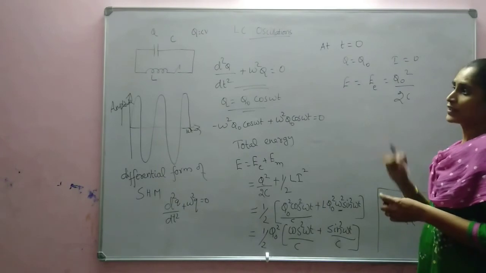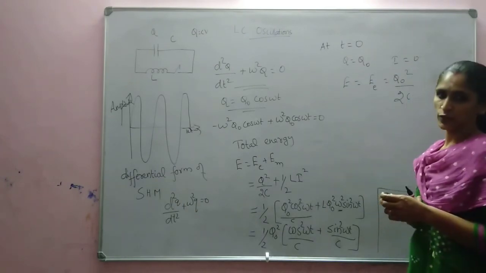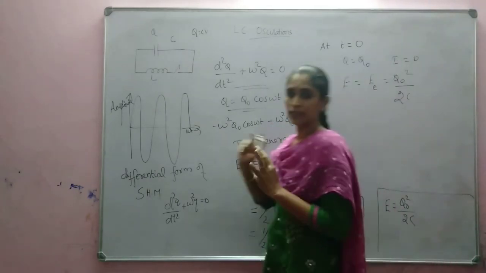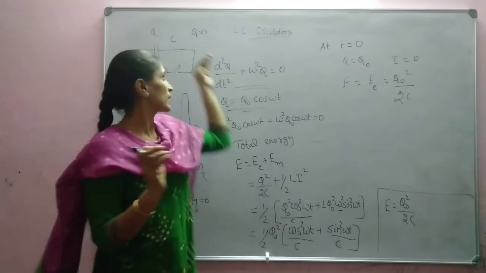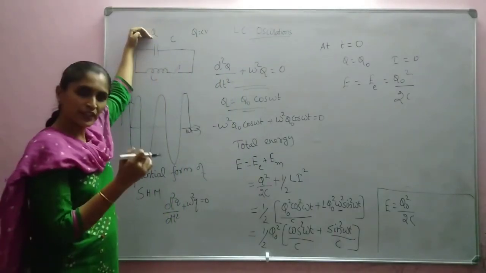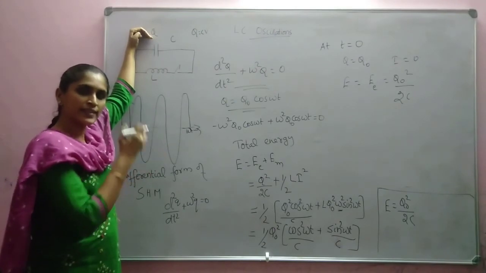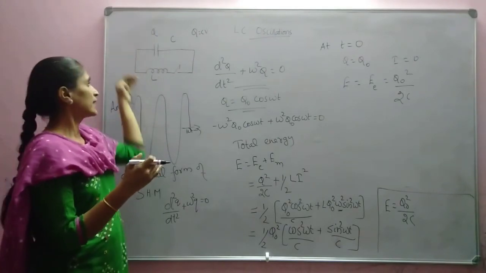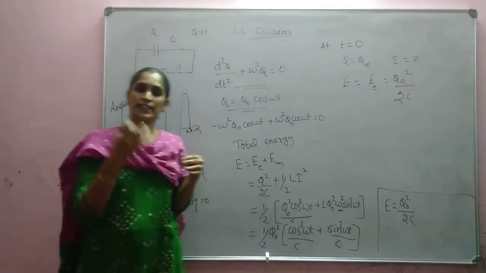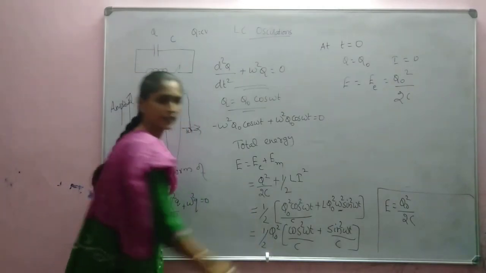Here total energy will be stored in the inductor. Is it clear? So we can say that energy will be oscillating between capacitor and inductor. Initially total energy will be stored in the capacitor. As time goes on, the current through the circuit increases, and energy will be shared between capacitor and inductor.